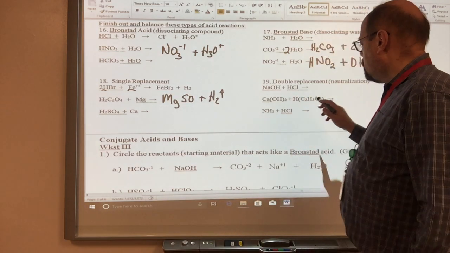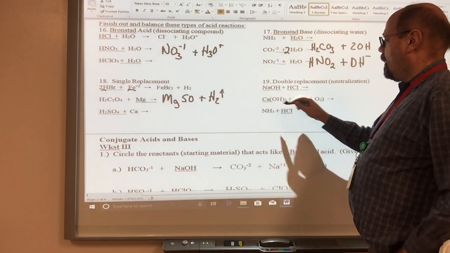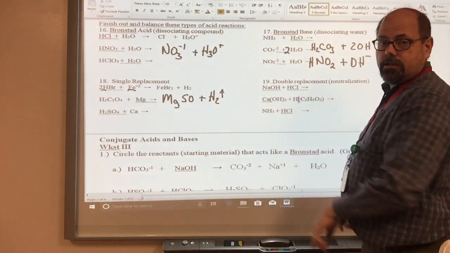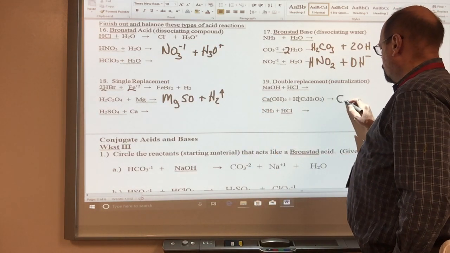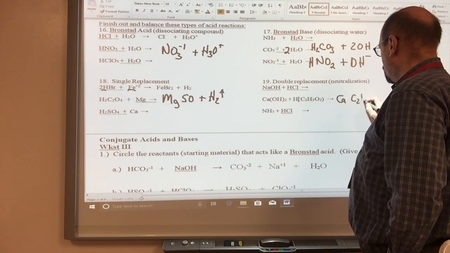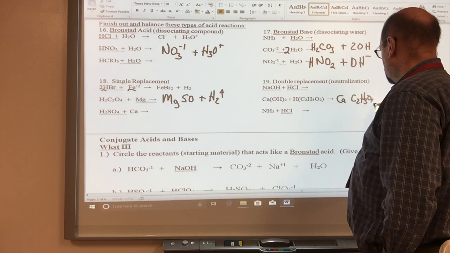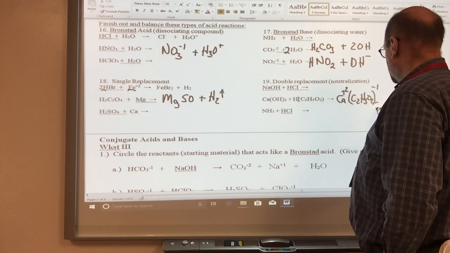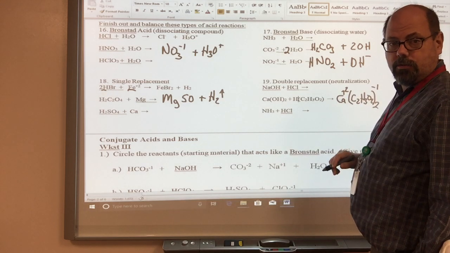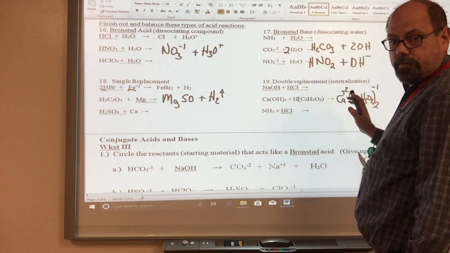Double replacement: the outsides are going to react together and the insides are going to react together. The metal takes a new partner. So calcium is going to repartner with acetate, C2H3O2. Now, this is a +2 and this is a -1, so I need two of those. Two -1s equals the calcium's +2 in terms of charge.